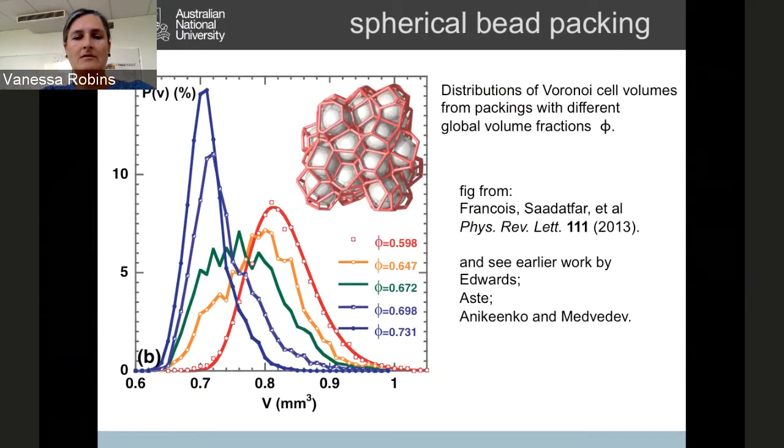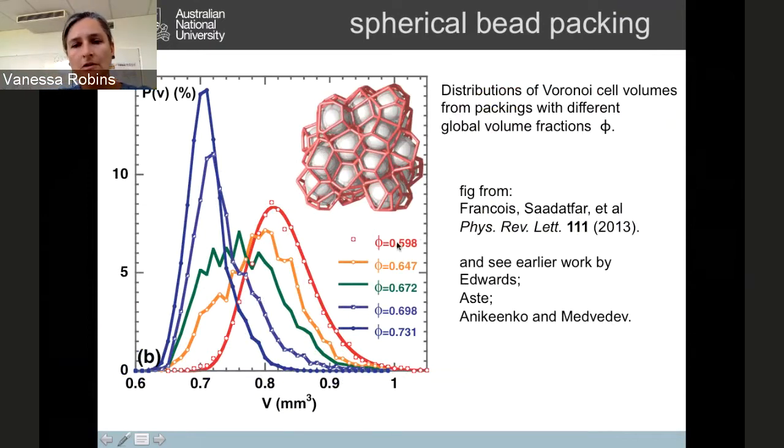A lot of people have studied these packings using analysis of the Delaunay and Voronoi diagrams. This example figure shows the way the volume of each Voronoi cell is distributed within a packing of a given global volume fraction.